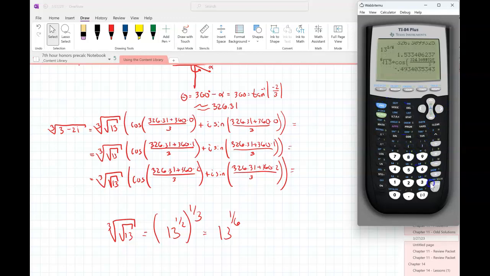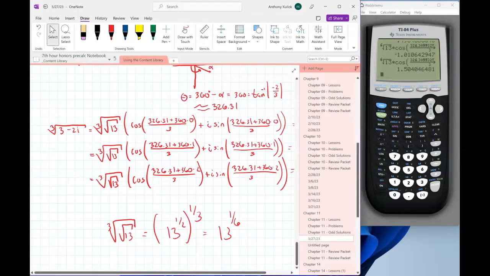So that's my first real component. Then I'll update that to 360 times 1. That's my second x component. And then I'll update that to 2. And that's my third x component.